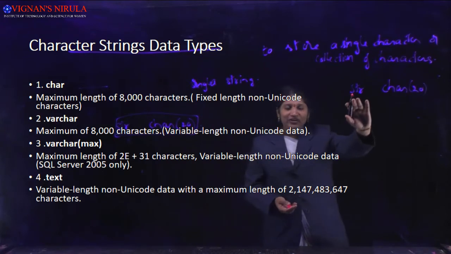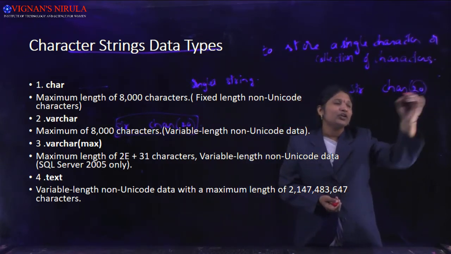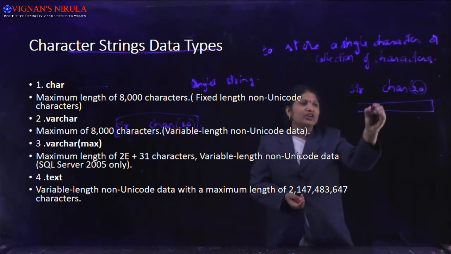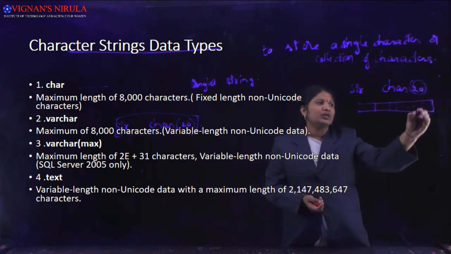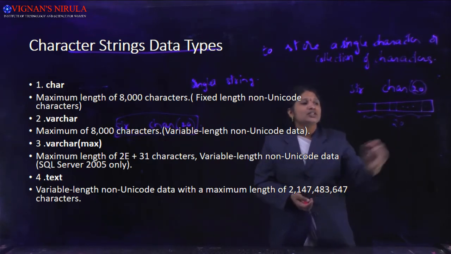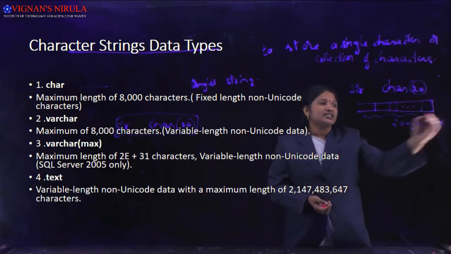Whenever I define any variable of data type char having some number of characters, it will reserve that many characters for that variable. So the size of str is 20 bytes, which will be reserved for str.